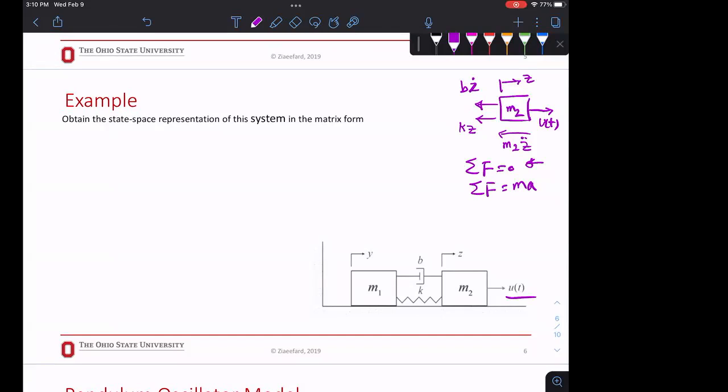Either count mass times acceleration as inertia, as part of the forces applied on the system, or say that everything else added is equal to how much acceleration my system will get. They're both the same. I usually use the first myself because that way, when I draw the free body diagram, I show all the forces and then I just add them together. If you go with the other route, then you don't need to show that, which is basically this, M z double dot. Same thing, just a slightly different definition.